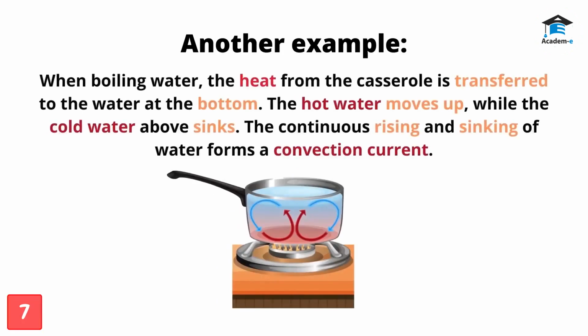When boiling water, the heat from the casserole is transferred to the water at the bottom. The hot water moves up, while the cold water above sinks. The continuous rising and sinking of water forms a convection current. It happens in gas or liquid. It is a heat transfer by mass motion, the up and down movement of gases and liquids. The movement of the wind is a result of air convection.